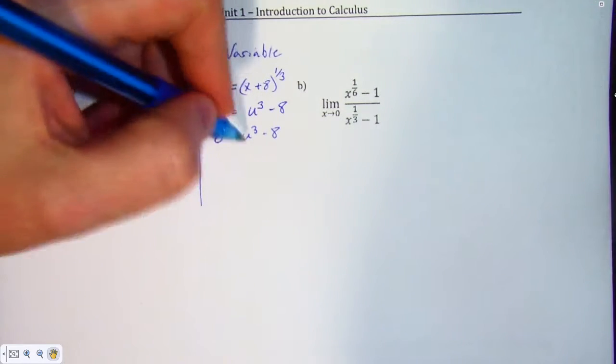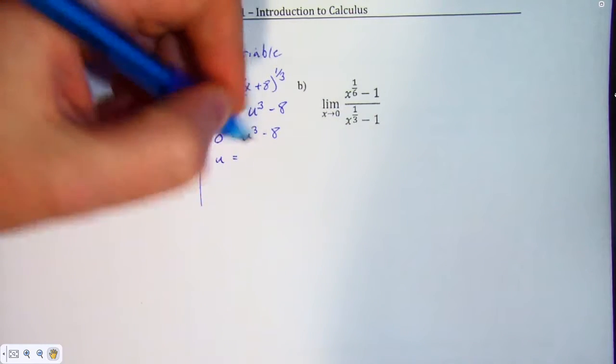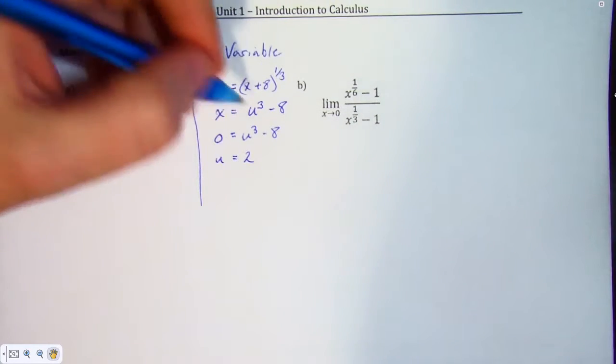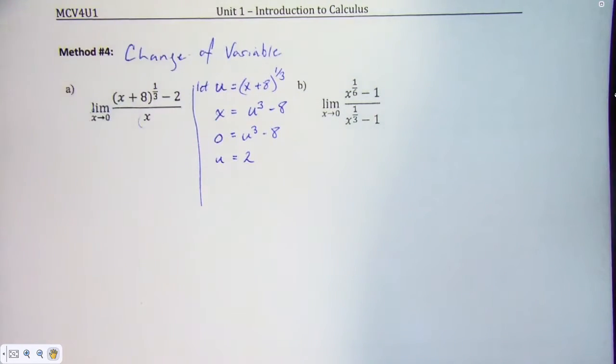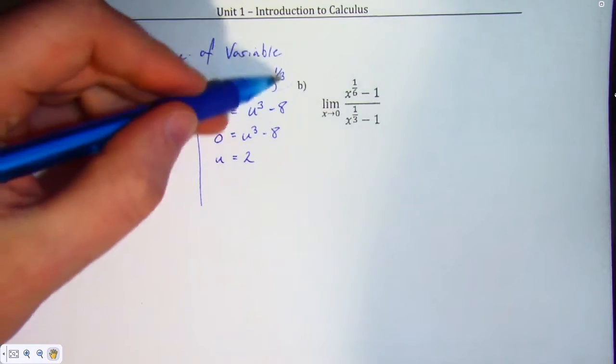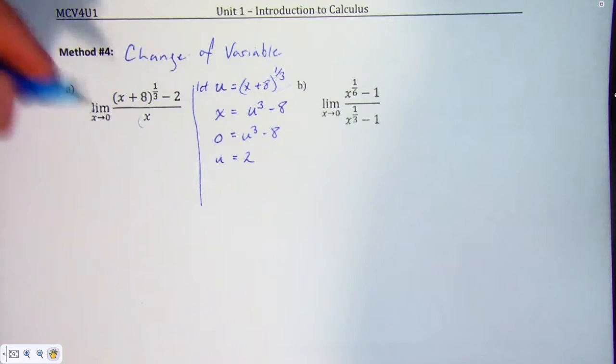So we add 8 to both sides, we take the cube root, and we see that u is actually approaching 2 in this case. Okay, so we now have a new u, we can replace our x, and we know what u is approaching.